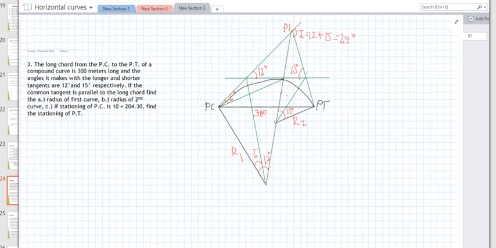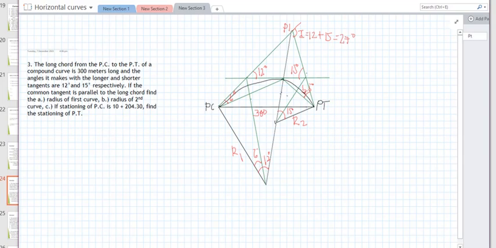Then the LC2. So the angle here is 15 divided by 2, that is 7.5. So this angle is also equal to 7.5 degrees.